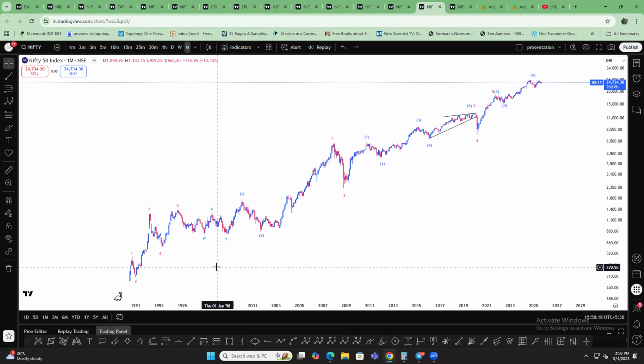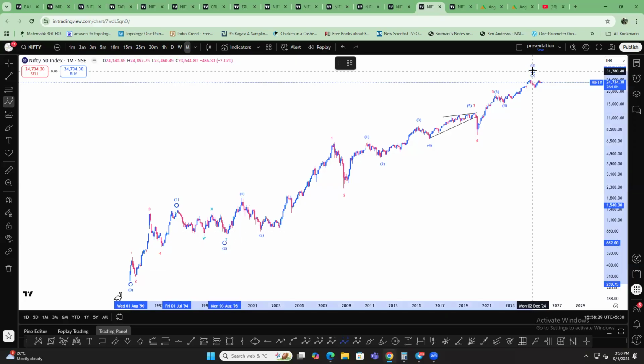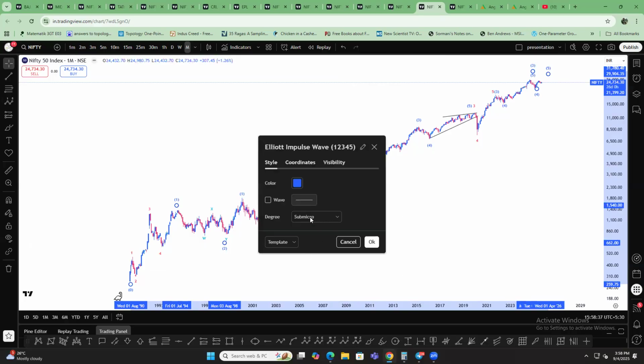So we'll mark this 1, 2, 3, 4, 5 as 1. This is 2. This is 3. Probably this is 4. And one more high is pending in the index.